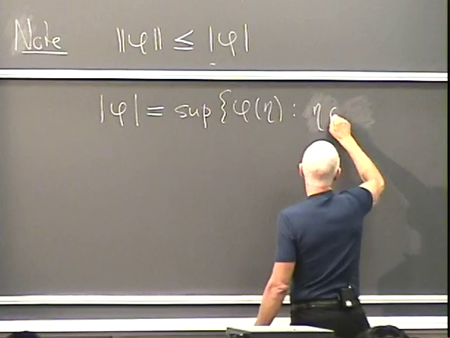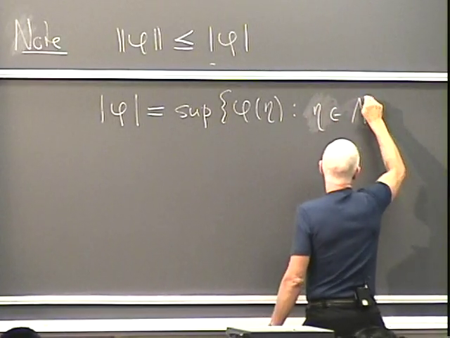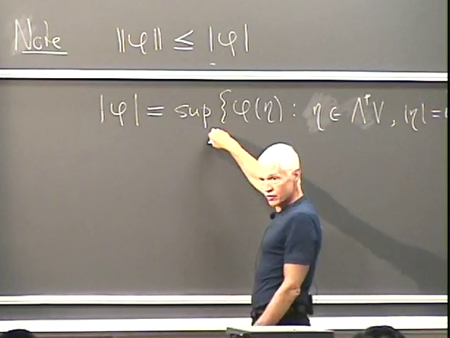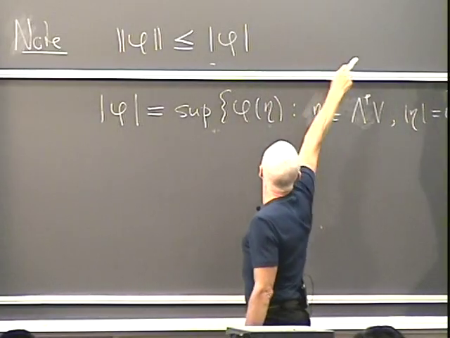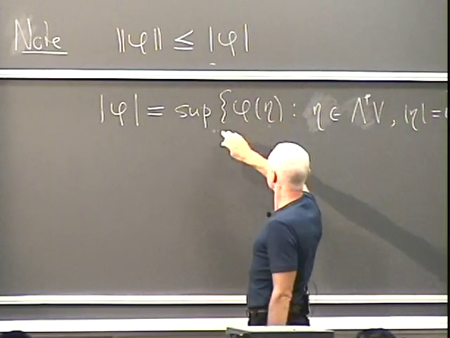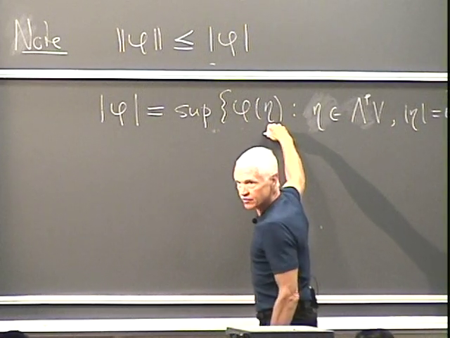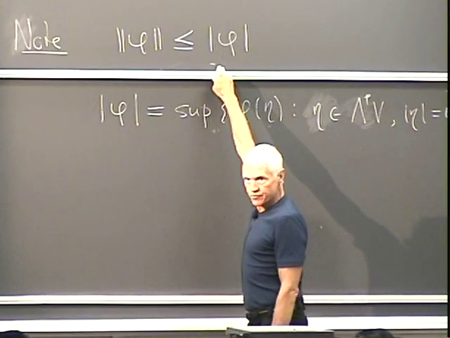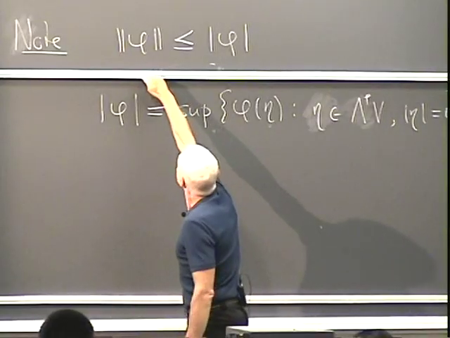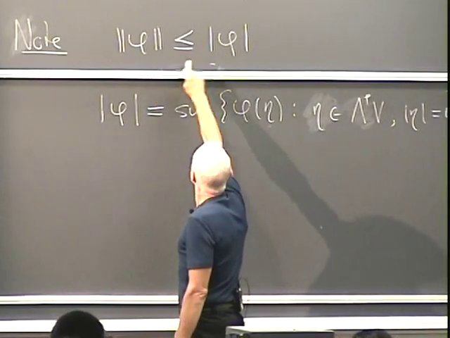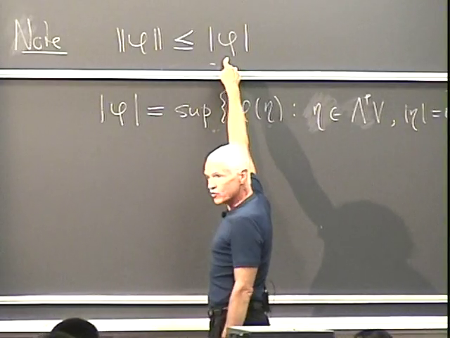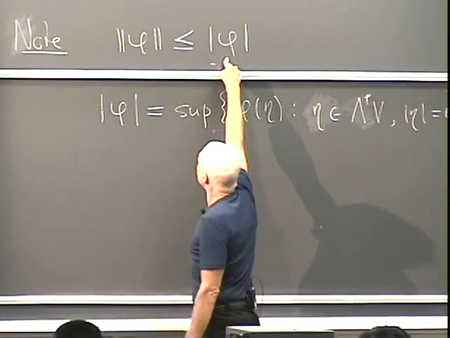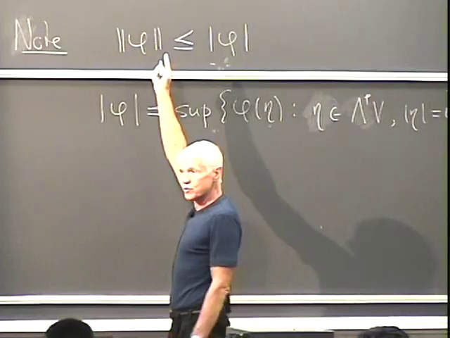Well, for eta in wedge^p V with norm of eta equal to 1, here you're taking the sup over all unit vectors, and for the co-mass you're only looking at the simple ones. So certainly the Euclidean norm has a chance of being bigger, and you'll see that there are many interesting times when this is not at all an equality. We're going to see that there are linear functions which have many orthogonal components, so the Euclidean length is huge, but nevertheless, whenever it sees a simple vector, it gives you a number less than or equal to 1.